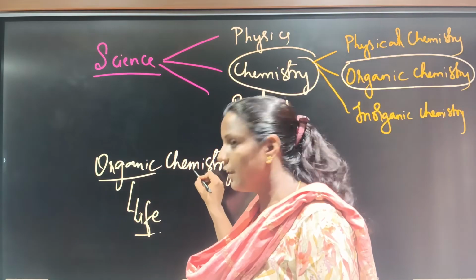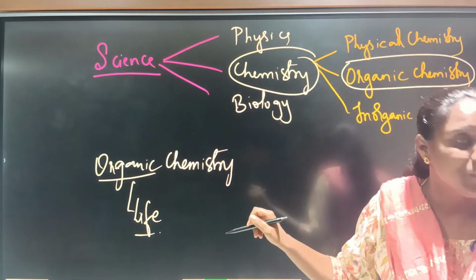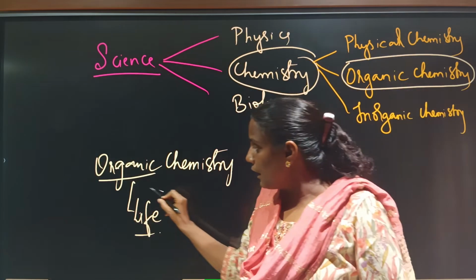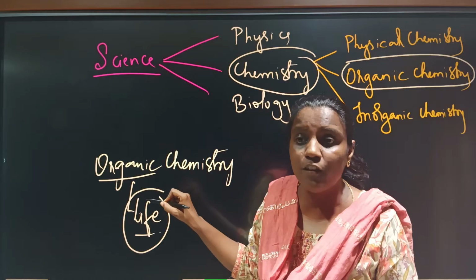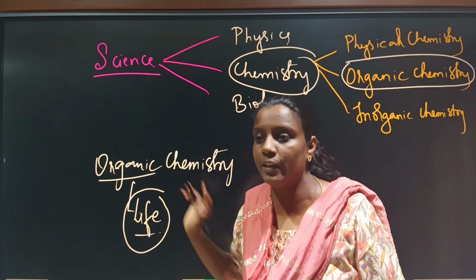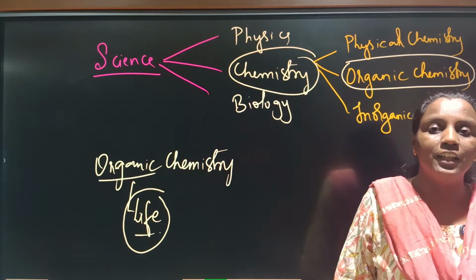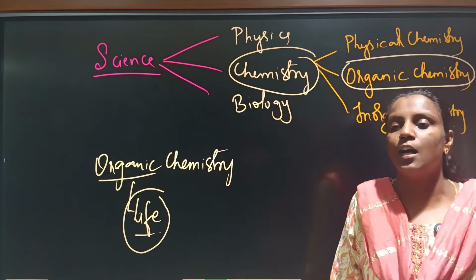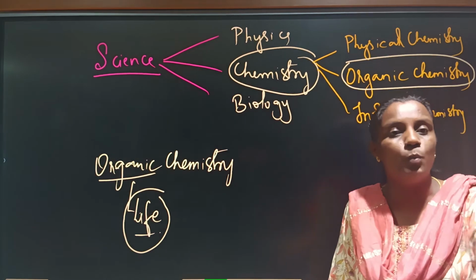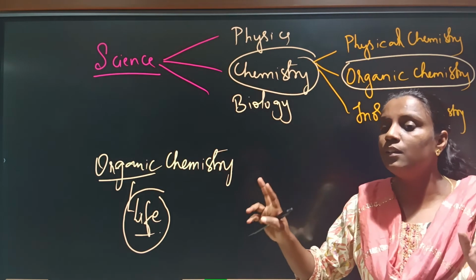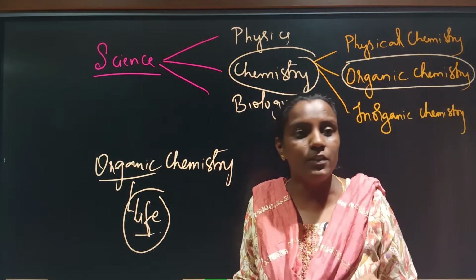See, in chemistry also we have life. The chemical elements which are essential for our life, we call organic chemistry. The main part of it is carbon. From the time we wake up in the morning until we go to sleep at night, in everything we depend on carbon atoms or carbon compounds. What are all those things?